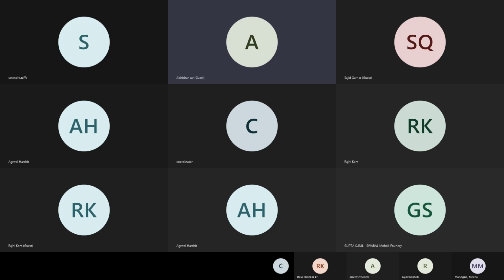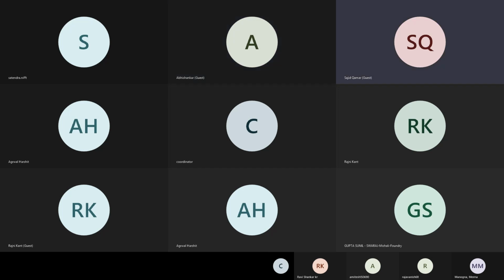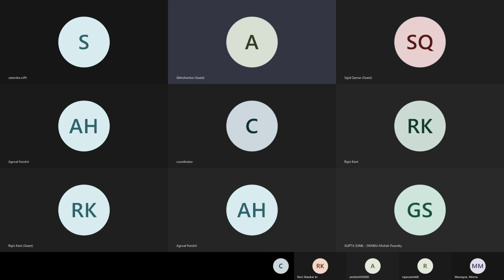Okay. Yes, Satendra. Sir, do we have to learn OpenCV also for object detection? Yes, good question. Every time there are new APIs that come.